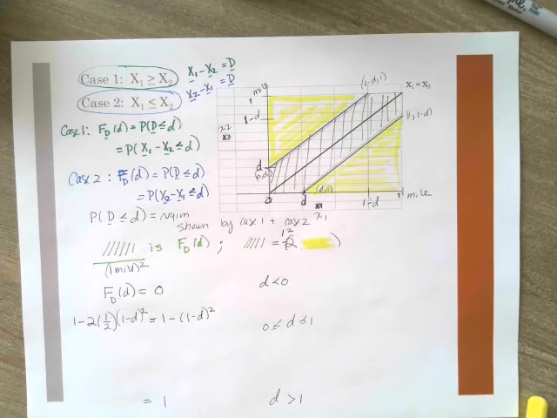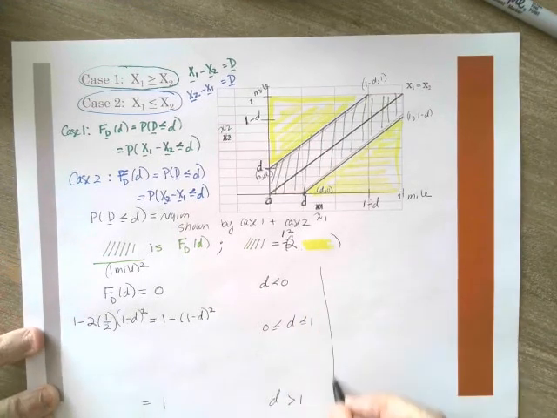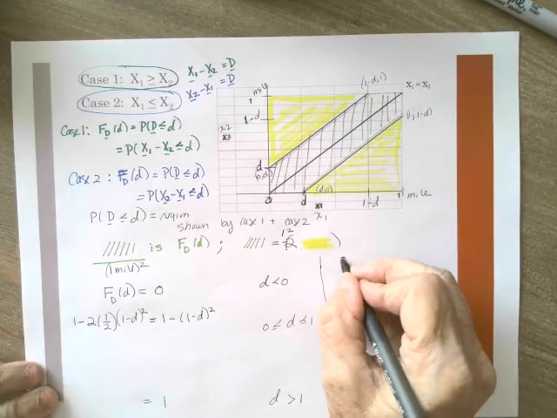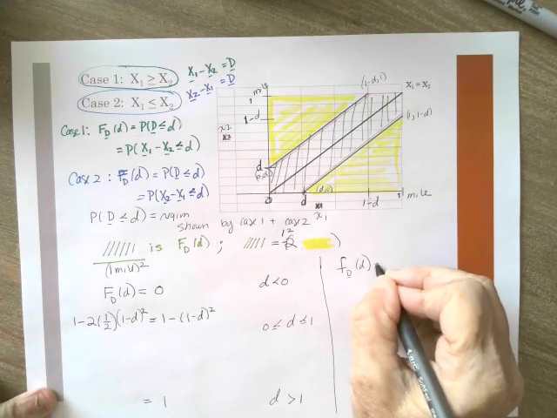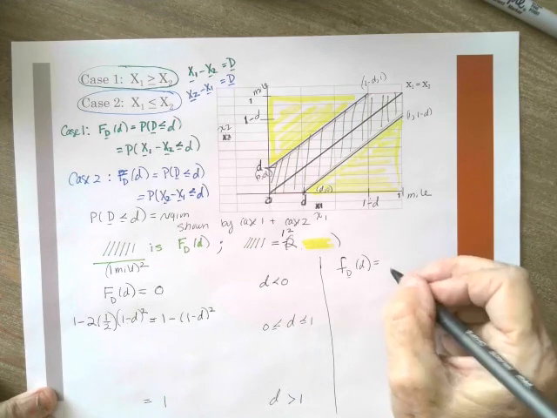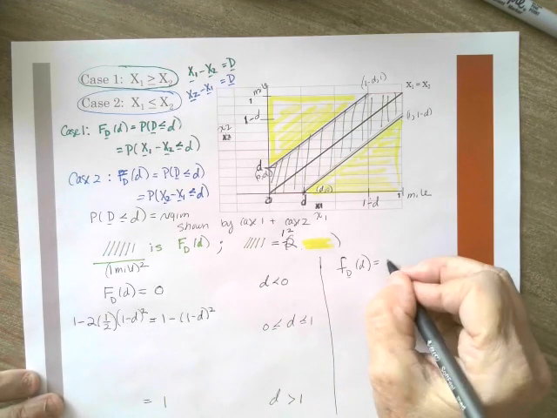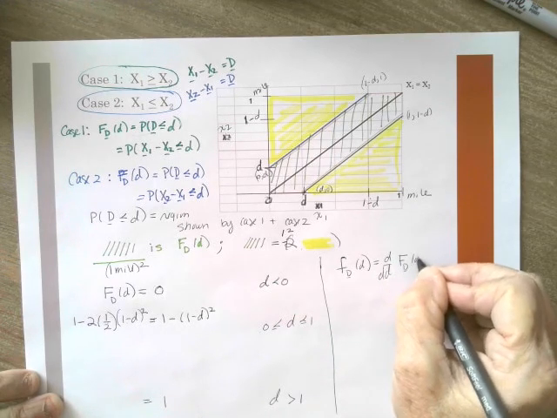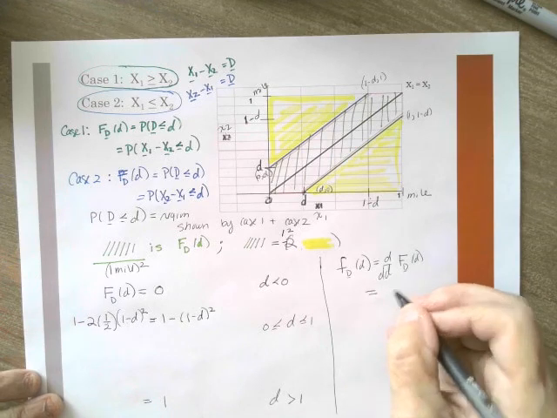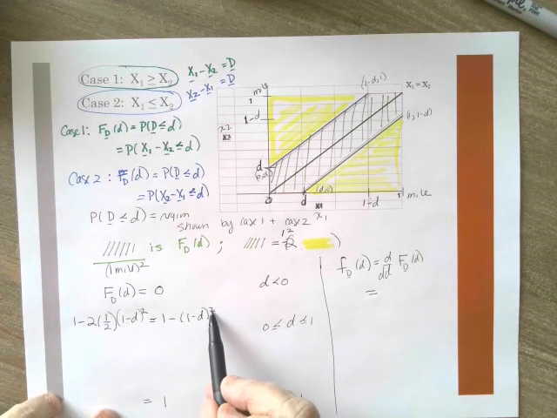From that, now we can go over here, let me make a line, and get the PDF by taking the first derivative, so I could call it f prime of d. So I'm going to take the first derivative, d of F_D of d. If you don't remember how to do this, you're going to take the 2 and bring it down.